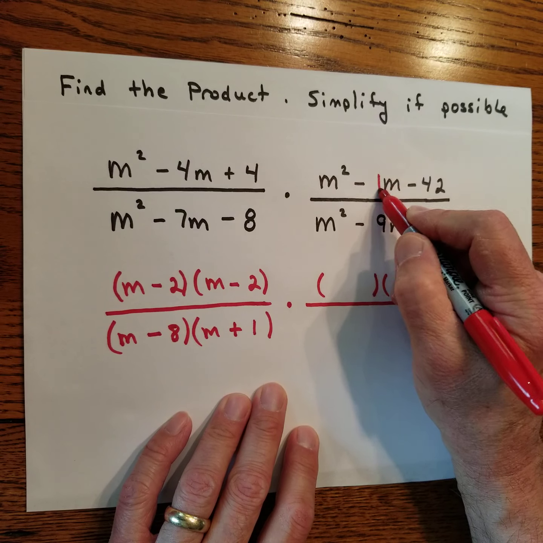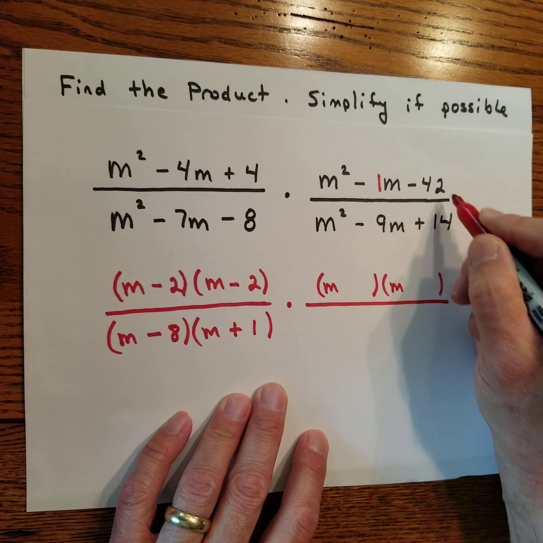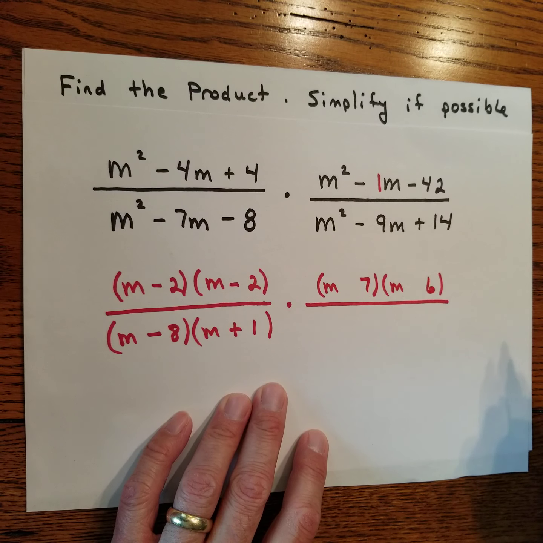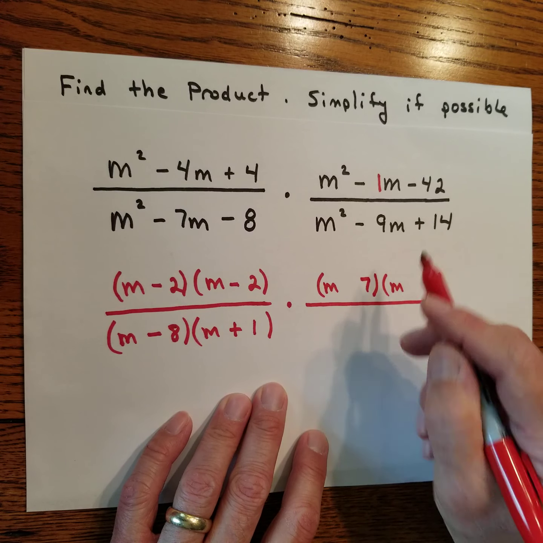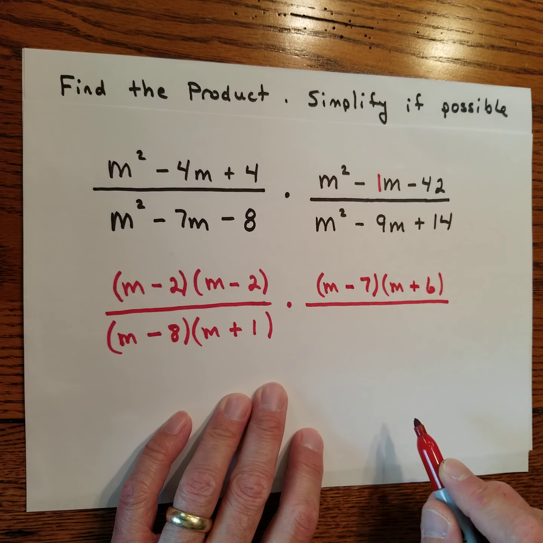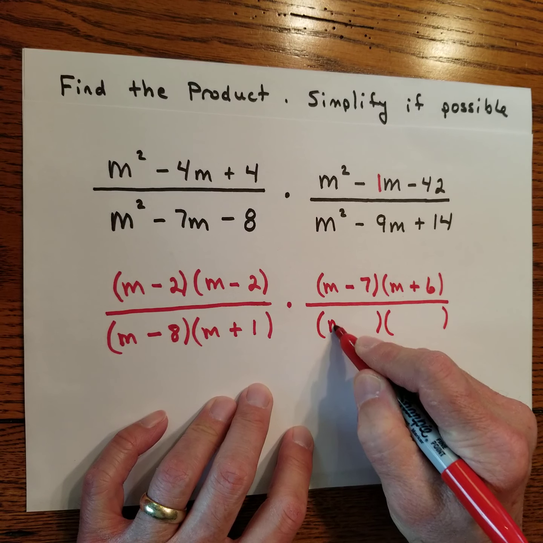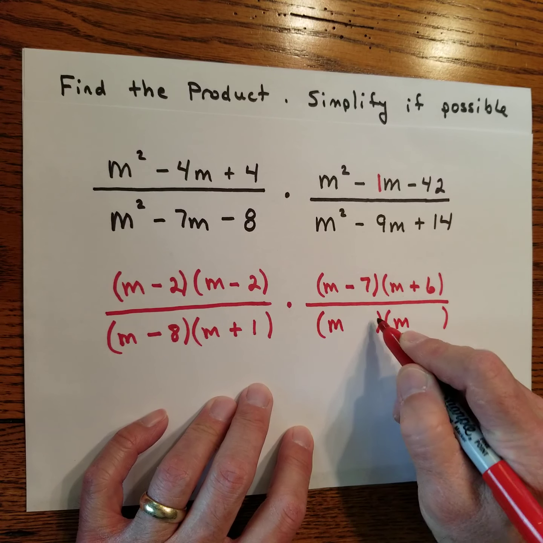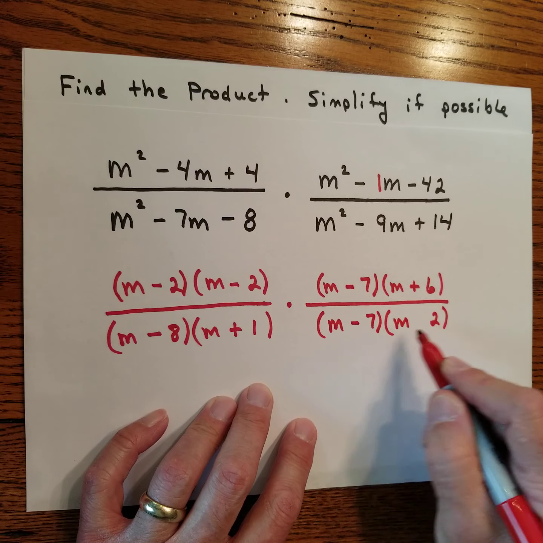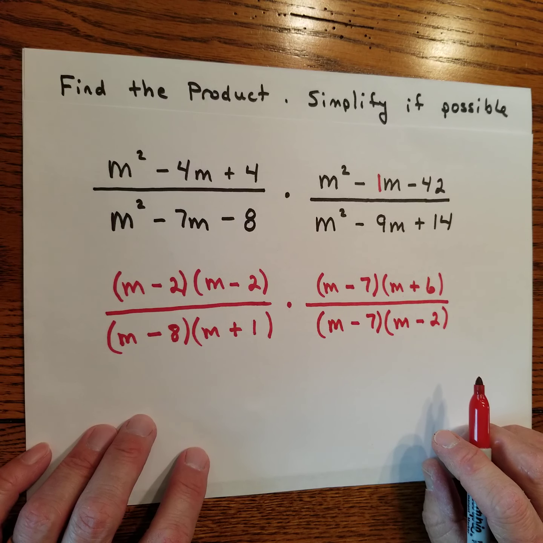Let's put a 1 in front of this m. Then I need two numbers that multiply to 42. Well, 42 could be 7 times 6. And 7 and 6 will add up to -1 if the 7's negative and the 6 is positive. 14 will go 7 times 2. And if I make them both negative, -7 and -2 add up to -9.